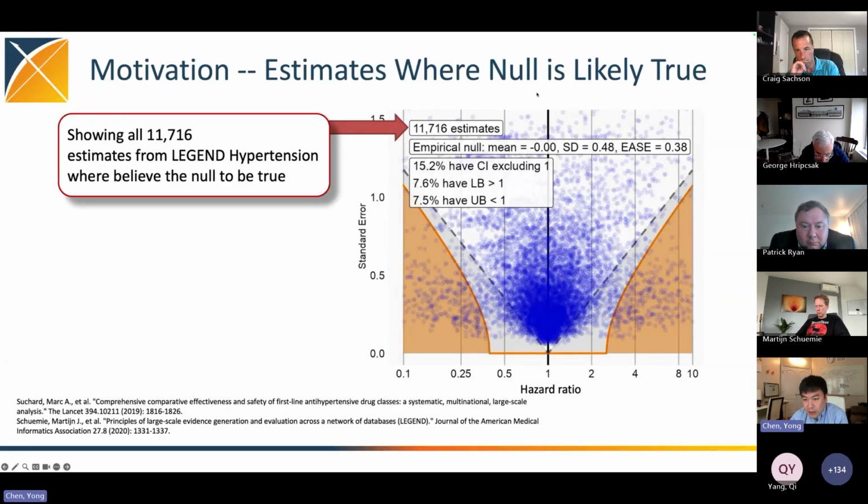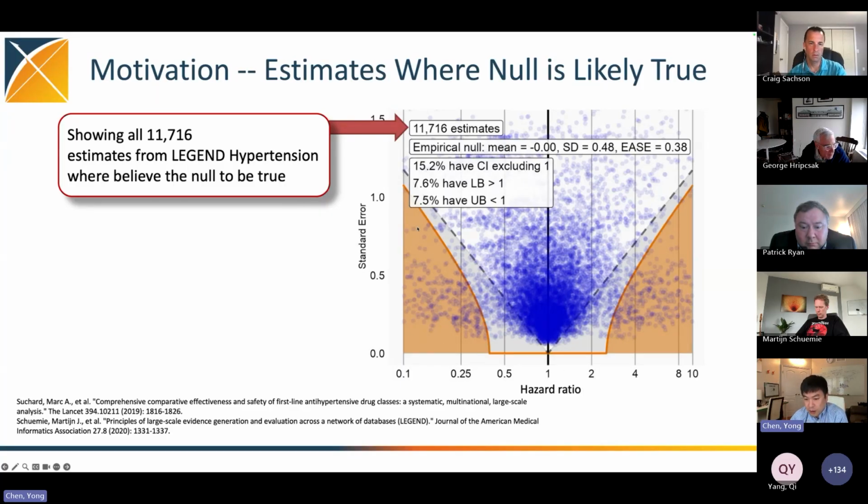When this is the case, we can plot this in a so-called funnel plot. For those of you who are not familiar with the funnel plot, you plot the effect size estimate, in this case a hazard ratio, against the standard error.